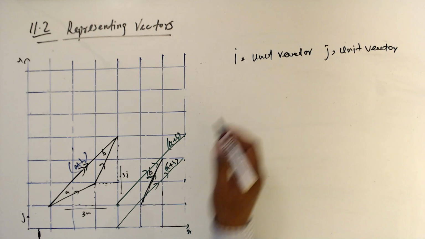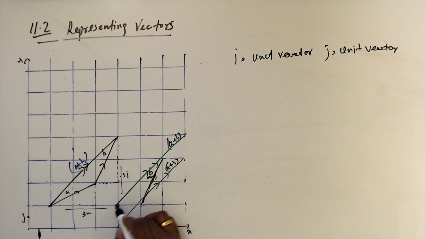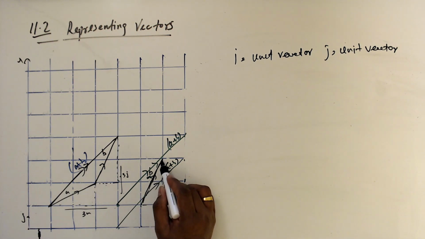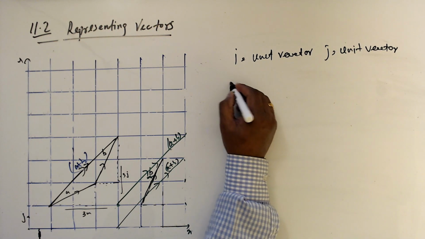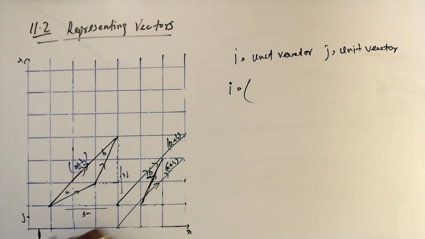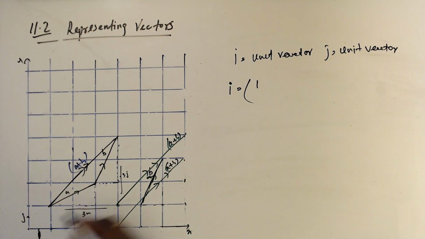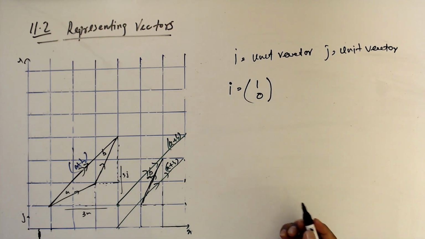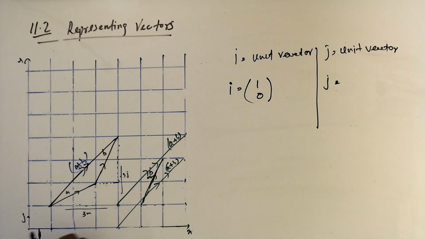How do you write this unit vector? You know how to write b: b means i plus 2j. Likewise, the i vector you can write as 1 and no j. Same for j, you can write no i and 1j.